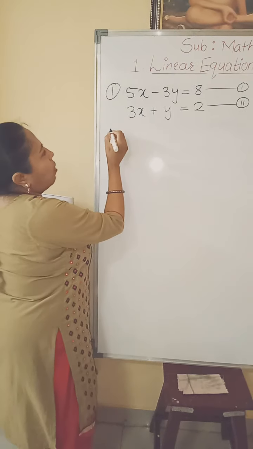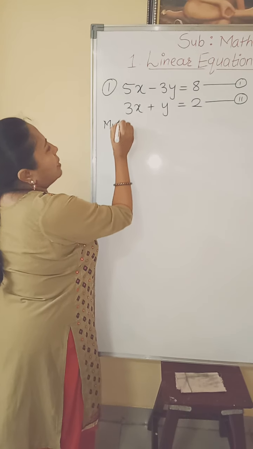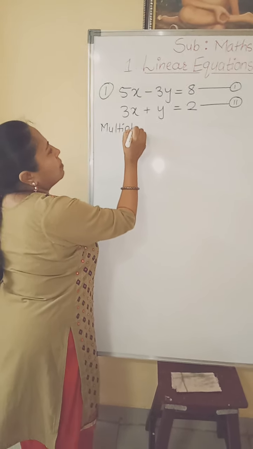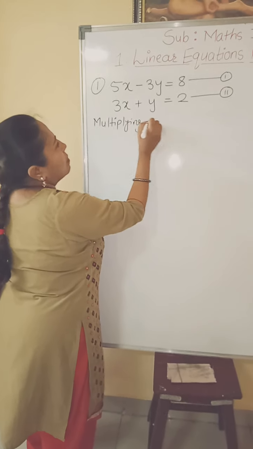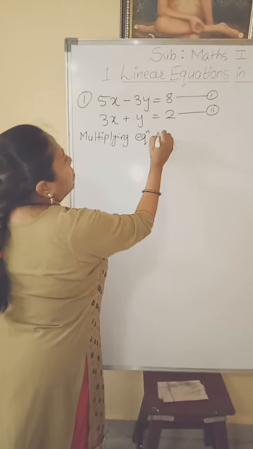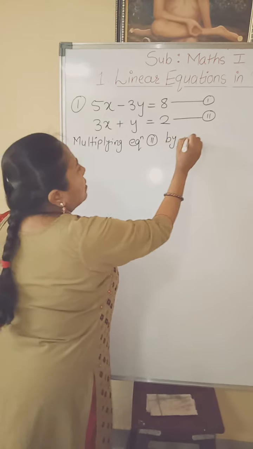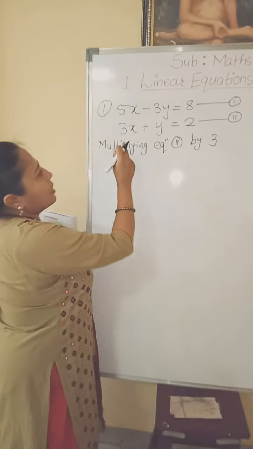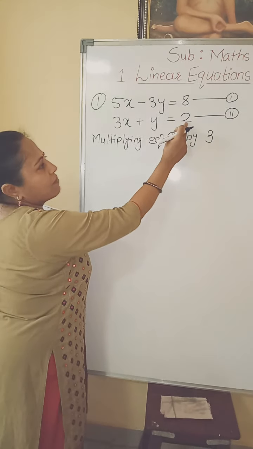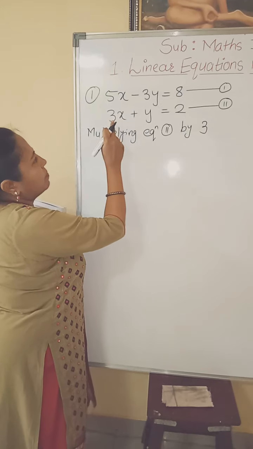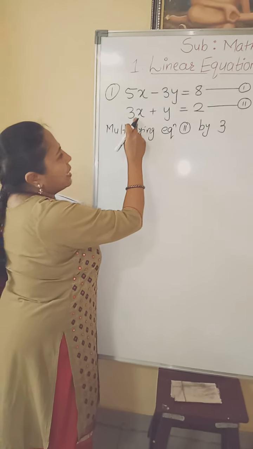So we will write the order: multiplying equation 2 by 3. So each term from this equation we will multiply by 3. The first term is 3x.